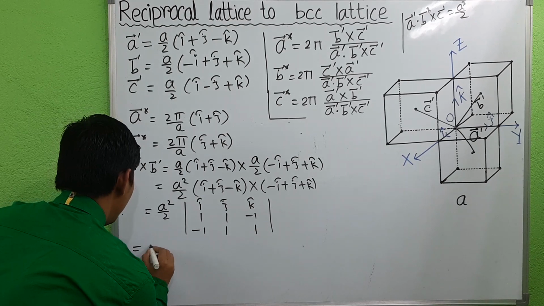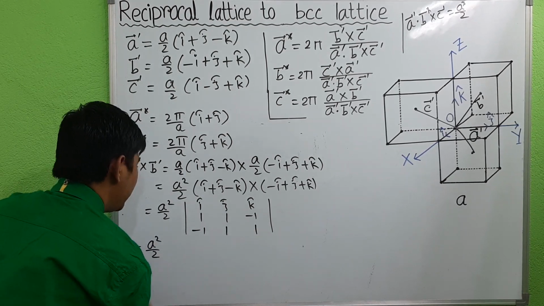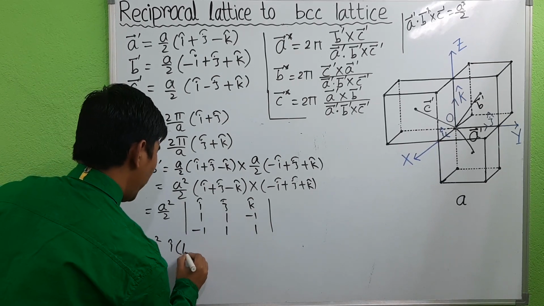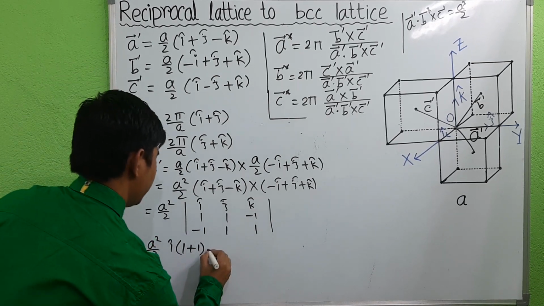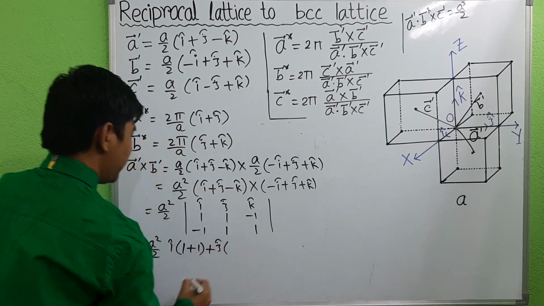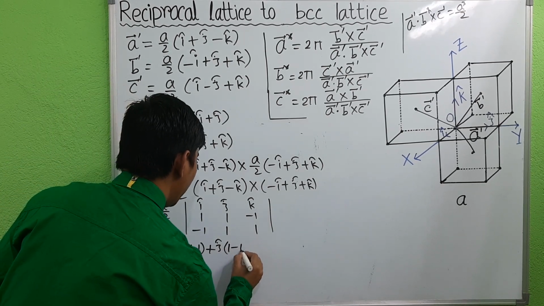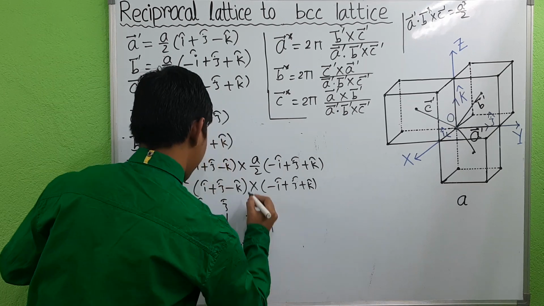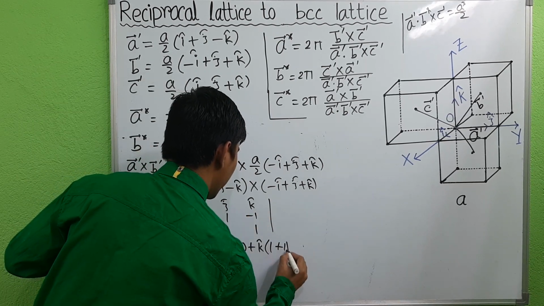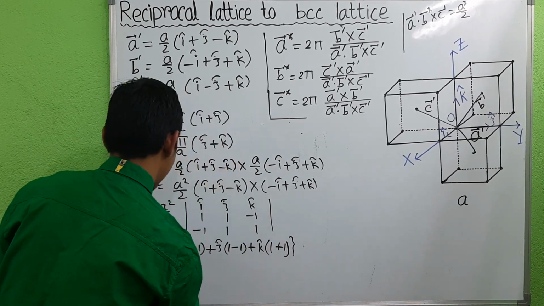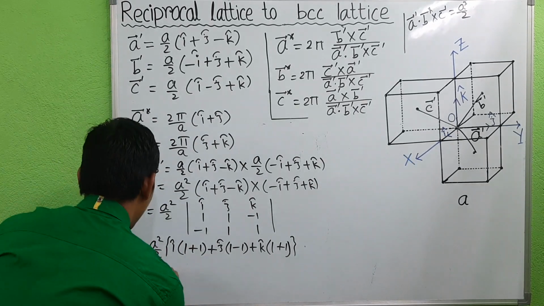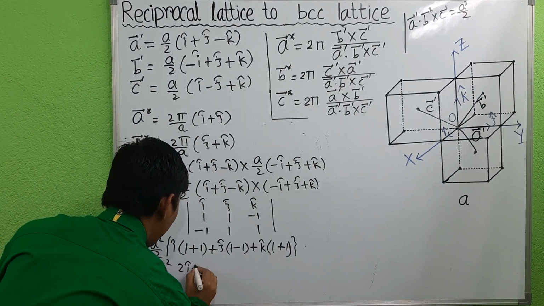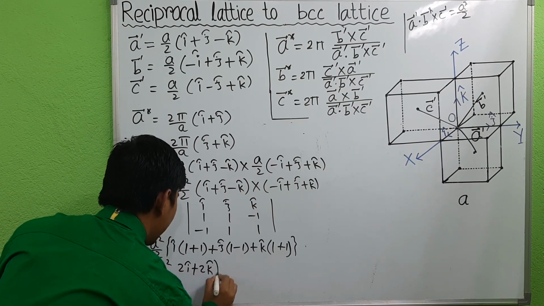So this is equal to a square by 2 [i cap (1 + 1) + j cap (1 - 1) + k cap (1 + 1)]. So this is equal to a square by 2 (2 i cap + 2 k cap).